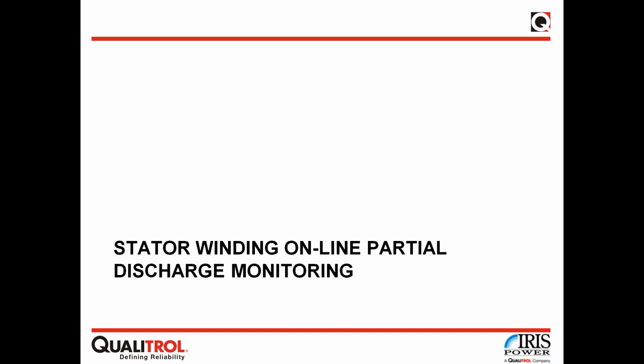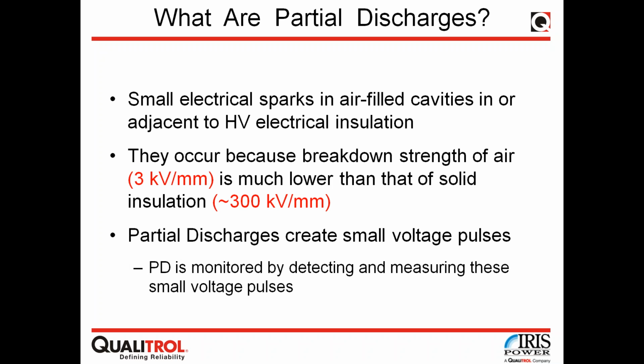This is similar to monitoring of the generators, and the same basics are used in this approach. The definition is that we are talking about small electrical sparks which occur in high voltage insulation or close to that insulation. The reason for that occurrence is that the voltage is sufficiently high for a breakdown, and the breakdown strengths of the two components present in a motor, solid insulation and air, are widely different.